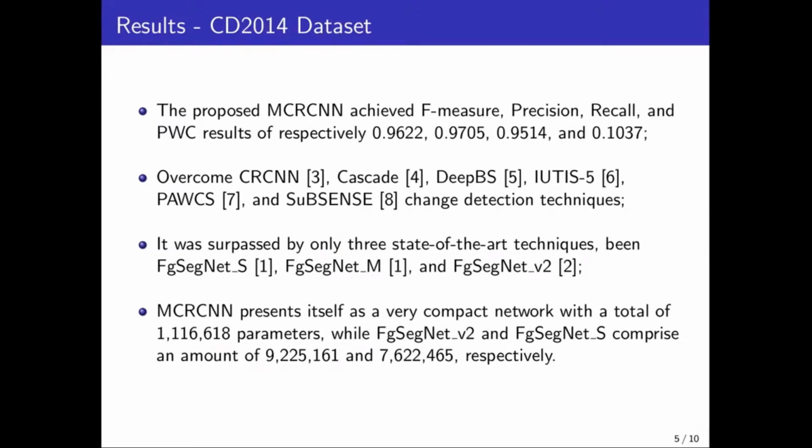With such results, the MCR-CNN overcomes CR-CNN, Cascade, GPS, IoTs5, PulseCS, and SubSense techniques. It was not capable of overcoming results from the state-of-the-art techniques, but it was at least 8 times more compact in terms of the quantity of parameters.